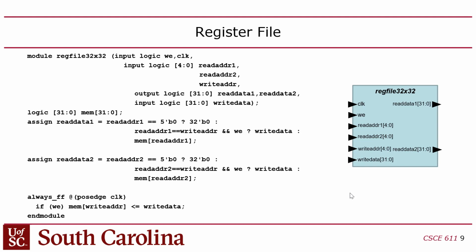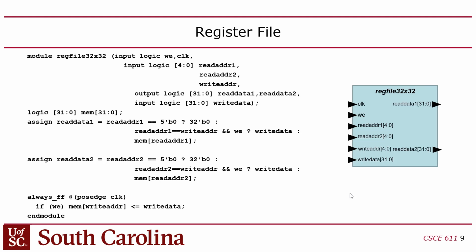And then there's 2 assigns here for reading that implement the read ports. Actually, I think the one that we give you in the project skeleton might actually do this with an always statement, but it doesn't matter. The logic is basically the same. The read ports can be implemented with combinational logic because they're asynchronous, and then the write is done with an always FF down here. Okay, so you can just use that register file in your design.